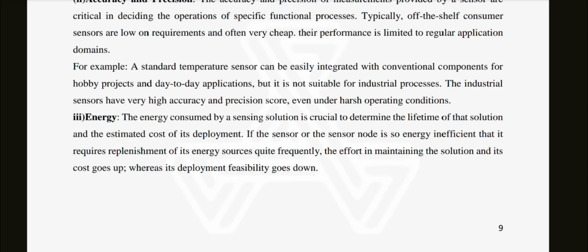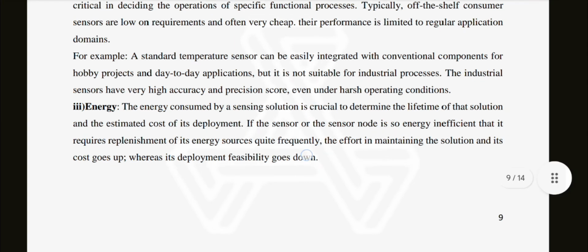Their performance is limited to regular application domains. For example, a standard temperature sensor can be easily integrated with conventional components of hobby projects and day-to-day applications, but it is not suitable for industrial processes. The industrial sensors have very high accuracy and precision scores even under harsh operating conditions.